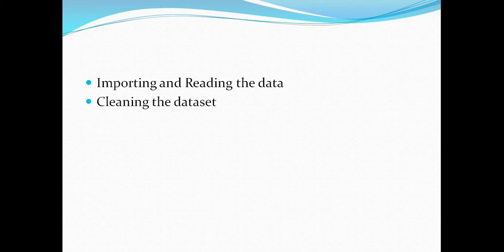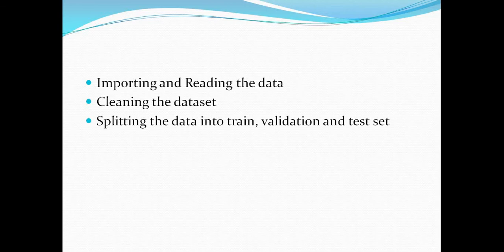For this purpose, we are going to use Jupyter Notebooks, and the following are the steps we are going to take during this project. First, we are going to import the data from the dataset. Then we are going to clean the dataset, that means remove or drop unwanted columns and rows. Then we are going to split the data into train, validation, and test sets so that we can use our different models.